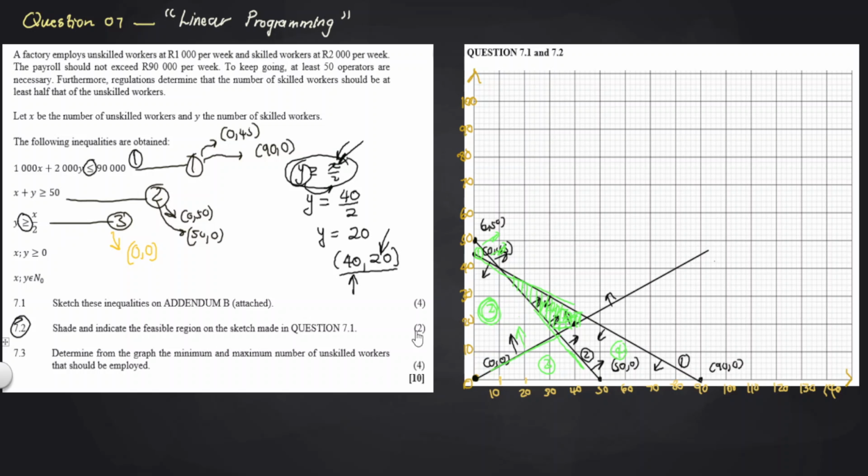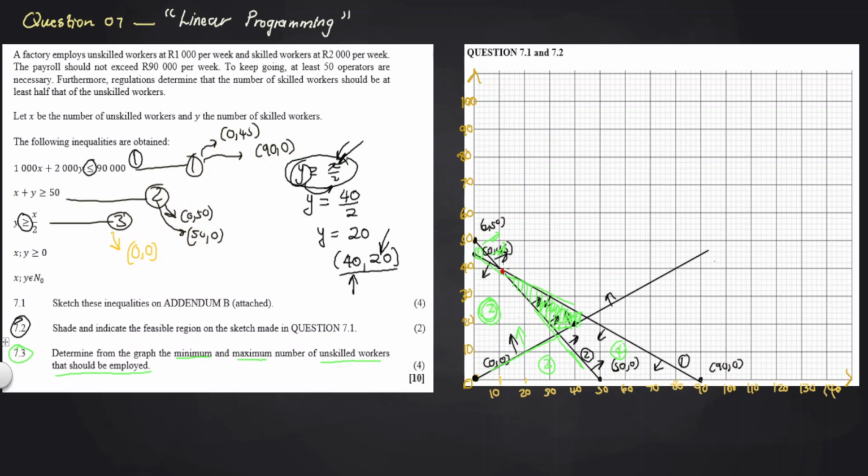Now again, for 7.3, they want us to determine from the graph the minimum and maximum number of unskilled workers that should be employed. So how do you work out the minimum and maximum?